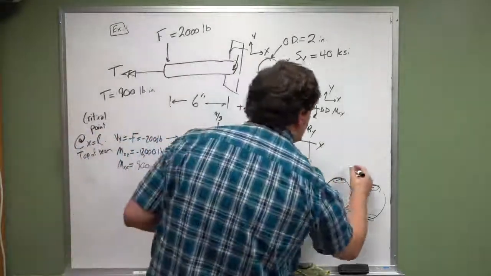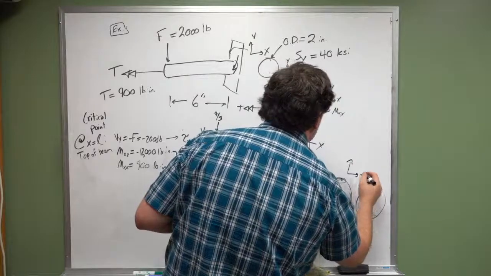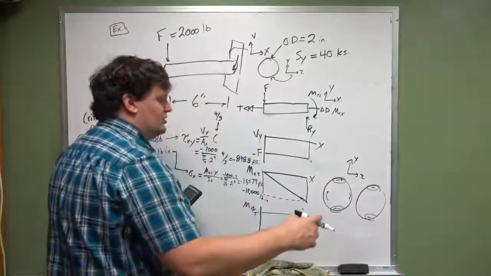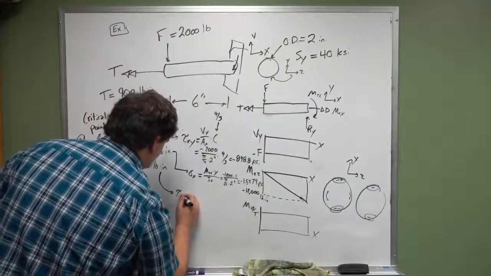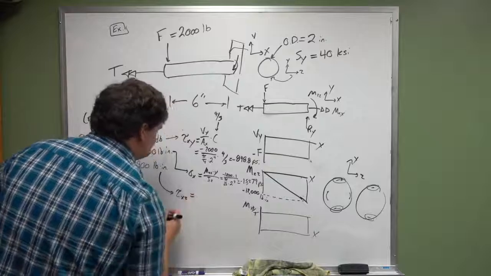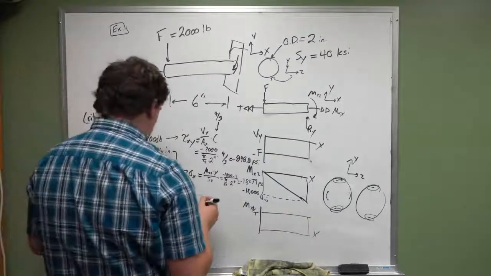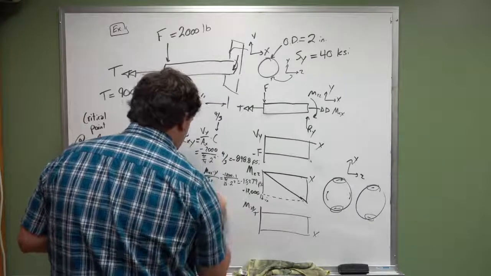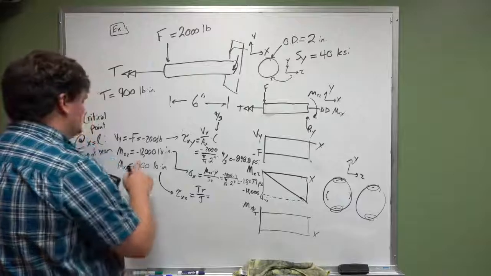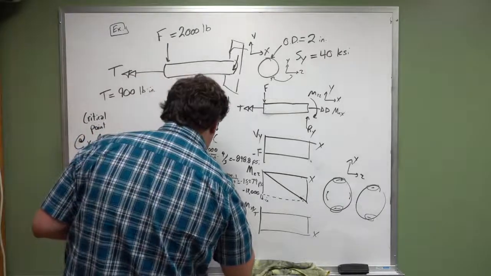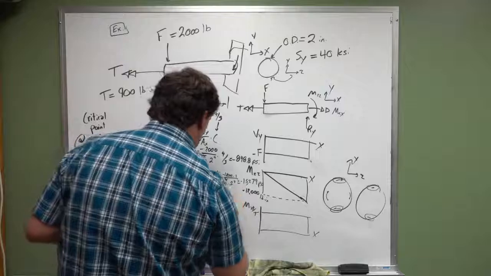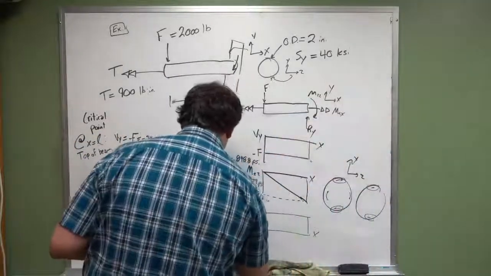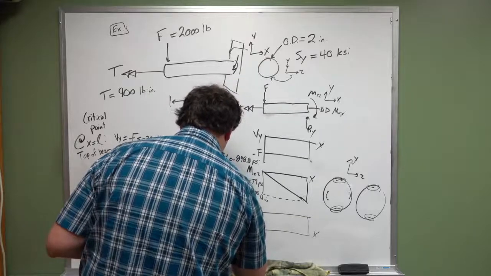At the top of the beam, this is the ZY face, which means it is acting in the Z direction on the X facing face, so this is a tau XZ, and this is equal to T R over J. T is equal to 900 pound-inches, R is equal to 1 inch, and J is equal to pi d to the 4th over 32.